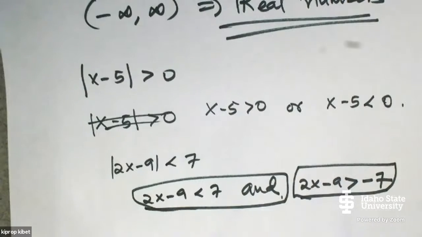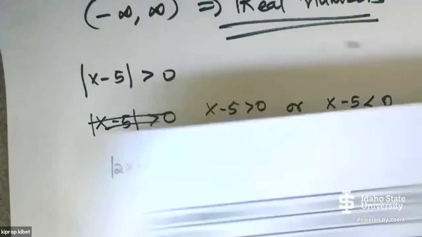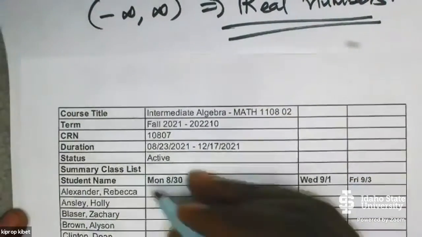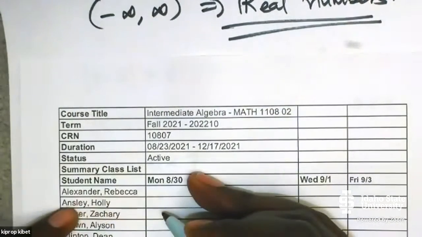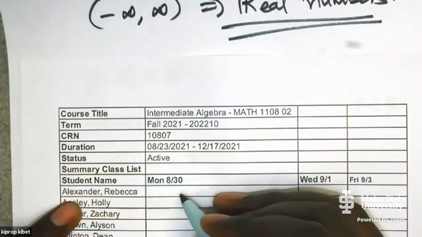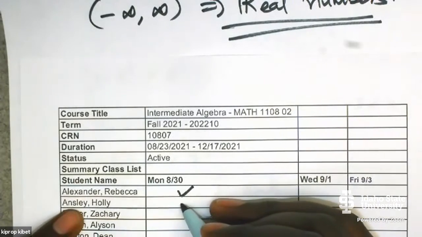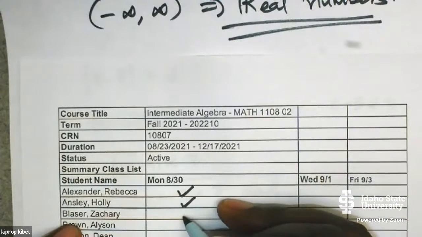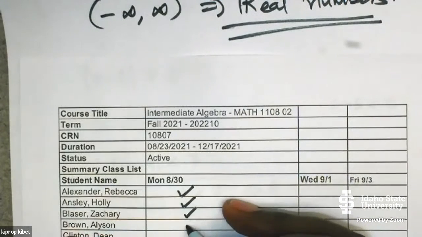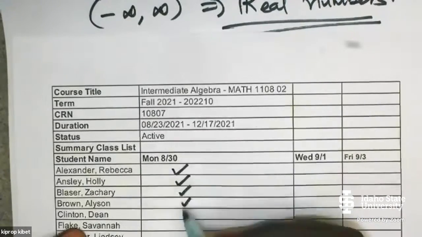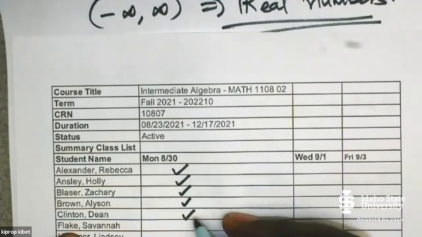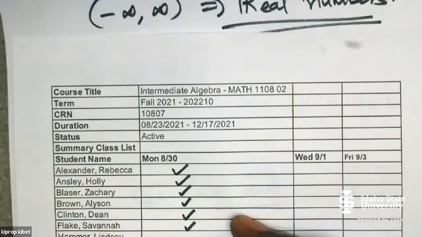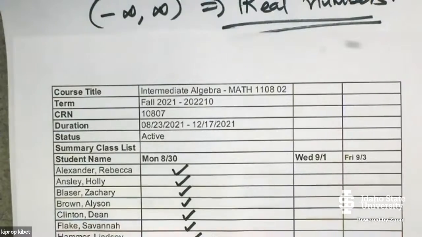Okay, so before you run away, attendance. Alexander, Holly, Zachary, Brown, Clinton, Savannah, Lindsay, Han, Cameron, here.